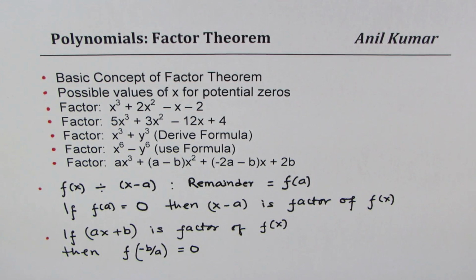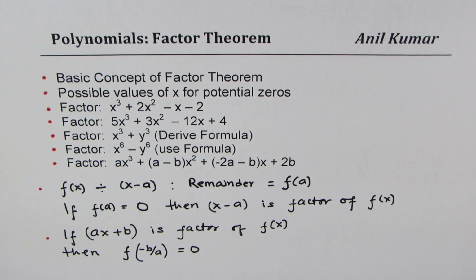Perfect. So that is the factor theorem. It's obvious that if the remainder is 0, then it is a factor. Now we'll look into possible values to find this particular factor.